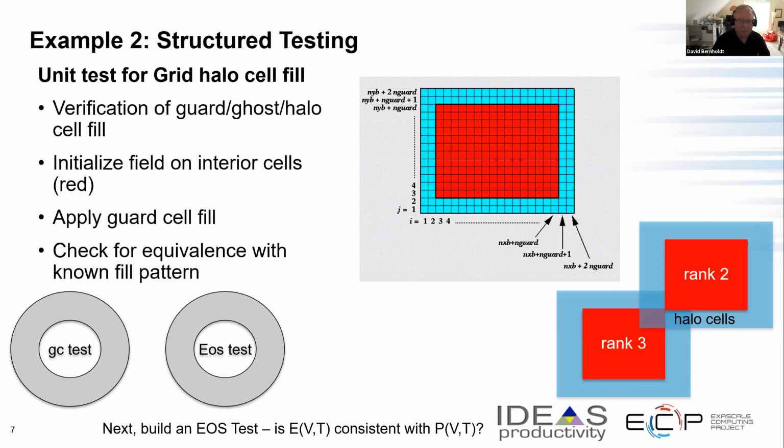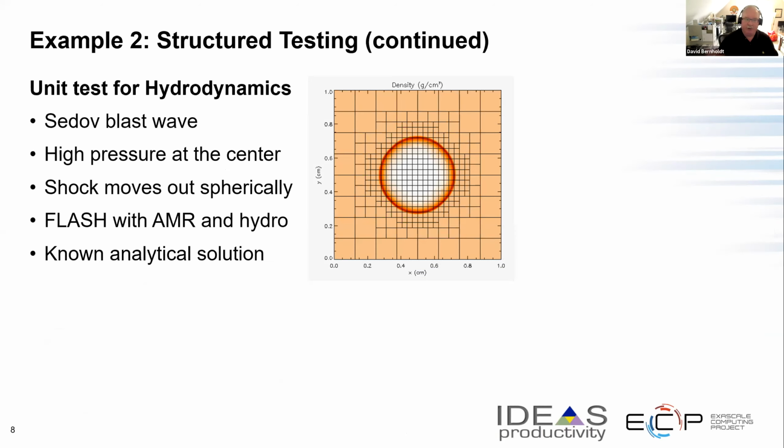And then you can put these things together and say you want to test now the hydrodynamic solver. So there's a simple problem called the Sedov blast wave with a known analytical solution, which makes it really useful for testing.